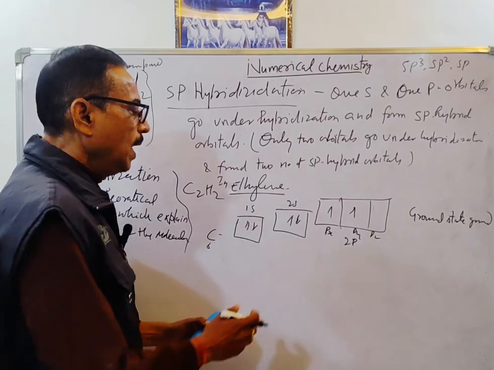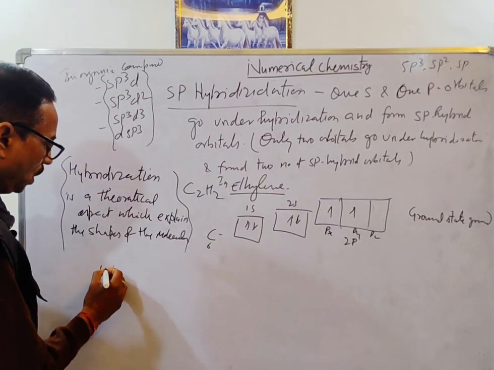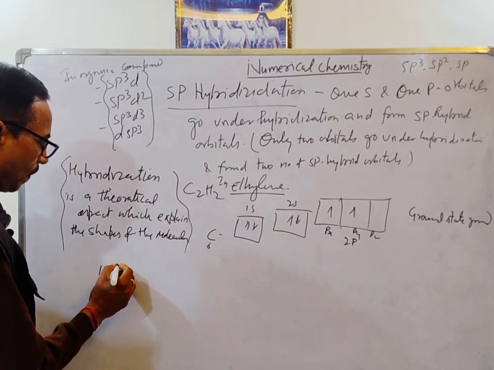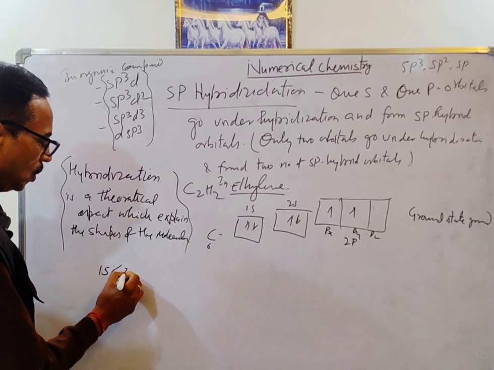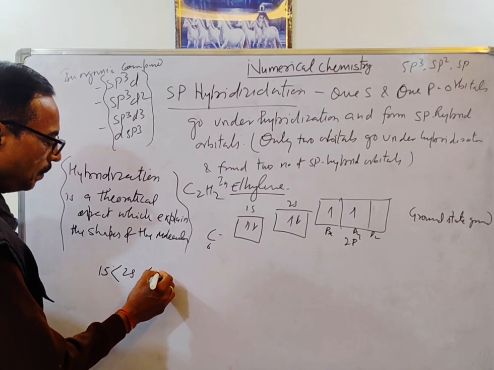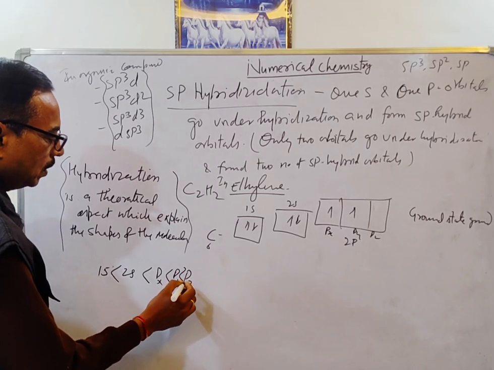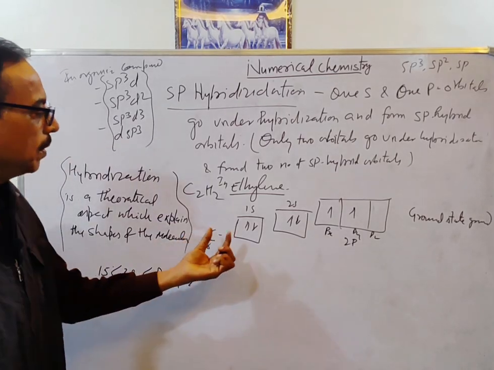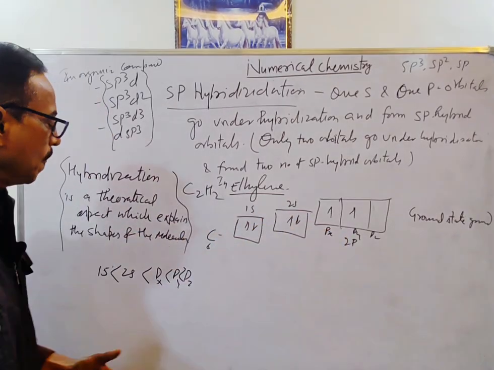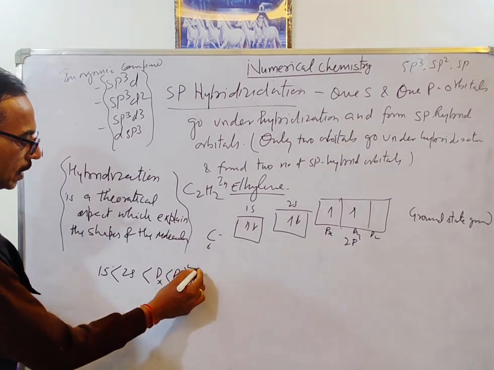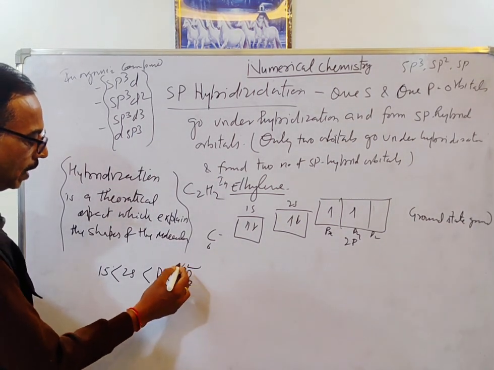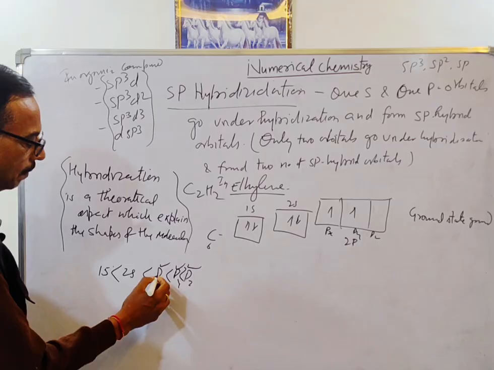Here you know, as per the above principle, the energy of 1s is less than 2s, which is less than 2p. 2p means px, py and pz. So in these orbitals 1s, 2s, 2p, the energy of pz is higher than py, and py is higher than px.